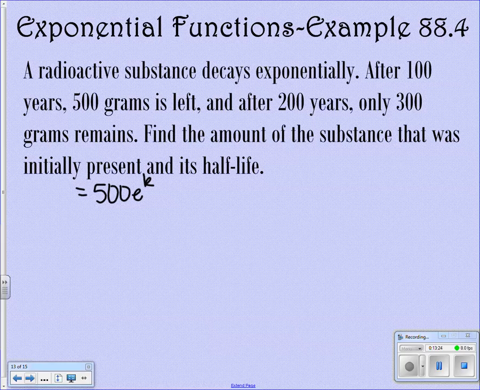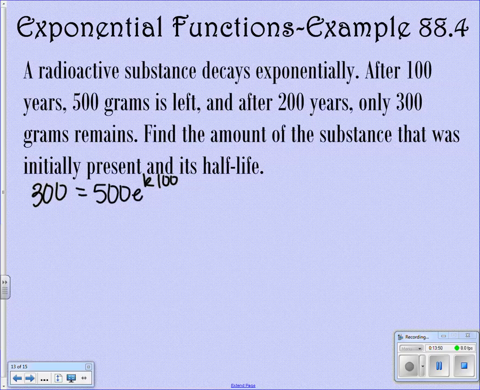And then we have 300 left after 200 years. It said after 100 years, 500 is left, and then after 200 years, only 300 grams remain. So the time from measuring for the 500 and the 300 is 100 years. So our time is 100 there. Okay?